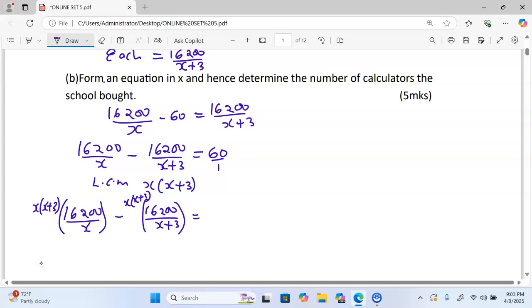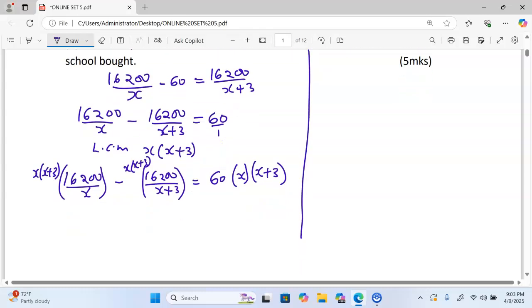This is going to be equal to 60, multiplied by X into X plus 3. From here we are good to go.